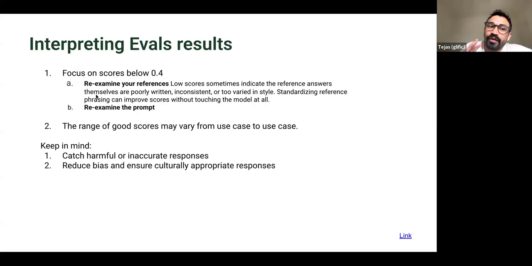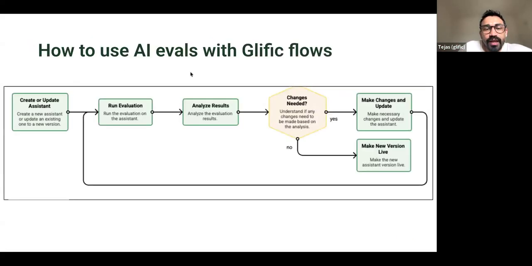Keep that larger objective in mind as you're running the evals, at least the first step of the evals. And then I would just end by saying, largely think of it as: as you create or update a new assistant, run the evaluation, analyze the result, and see if there are any changes that need to be made.